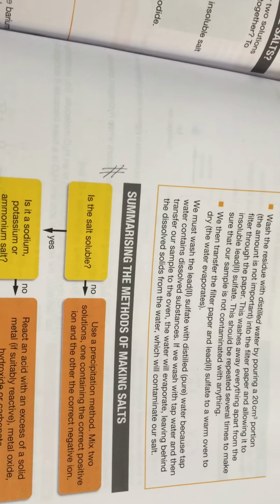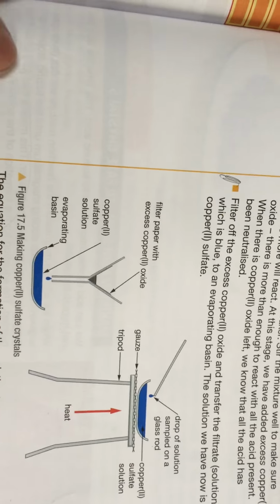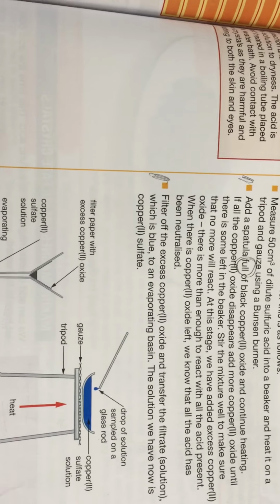Okay, like this. How you can prepare salt these ways. What are soluble and insoluble salts? These six points, I'll ask about them. How can I make crystals from copper sulfate?